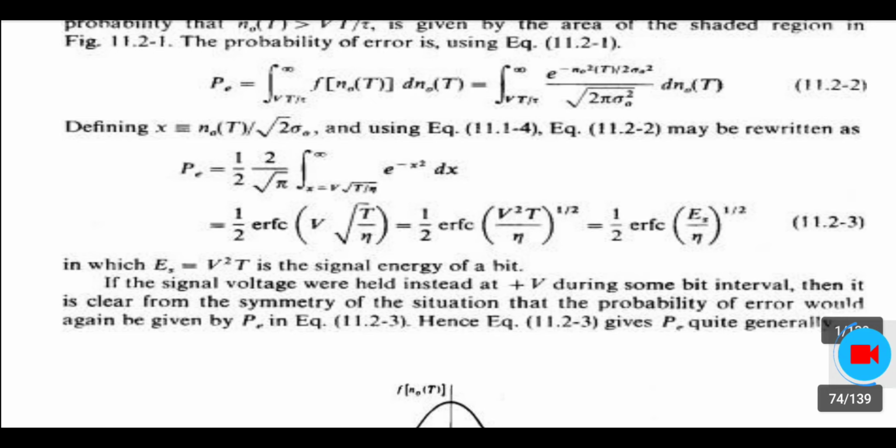We can simplify and define finally the average of the error density function, that is, during some bit interval, the duration of each pulse. Then it is clear from the symmetry of the situation that the probability of error will again be given by the error probability.